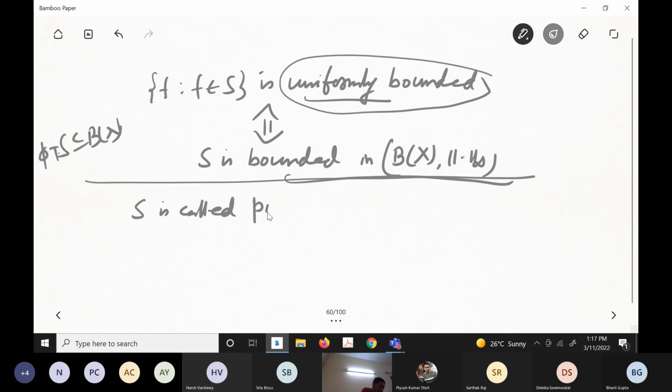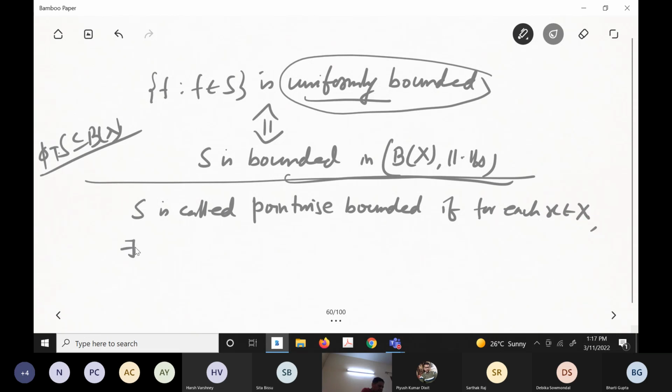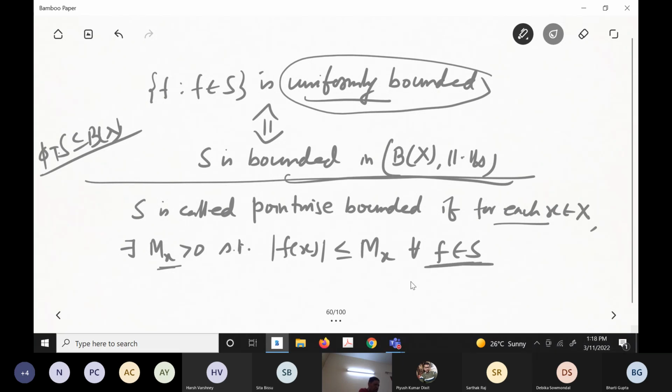S is called pointwise bounded if for each x there exists an M, it will depend on x, such that, look, for each x, if you change x it will change, but it is always for all f. Okay, so this is called pointwise bounded.